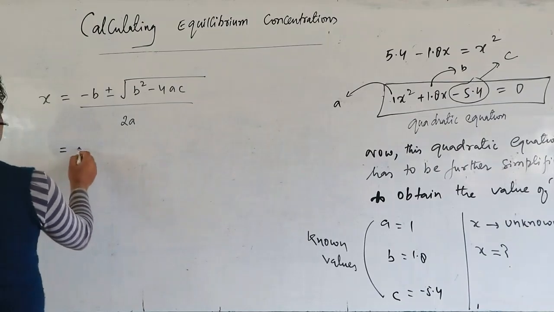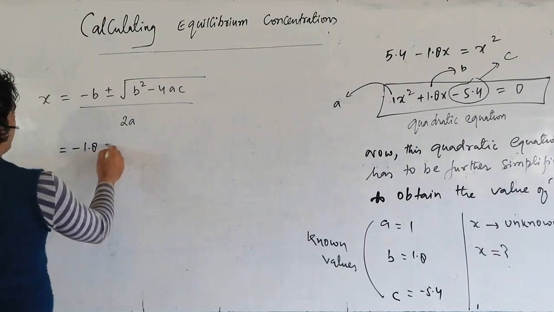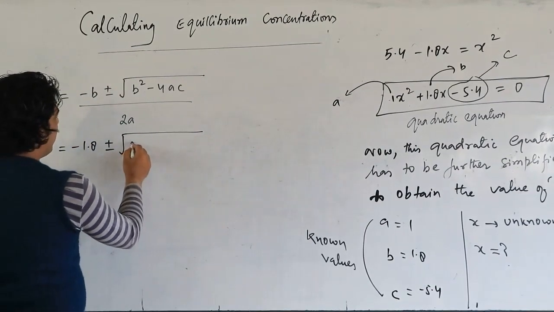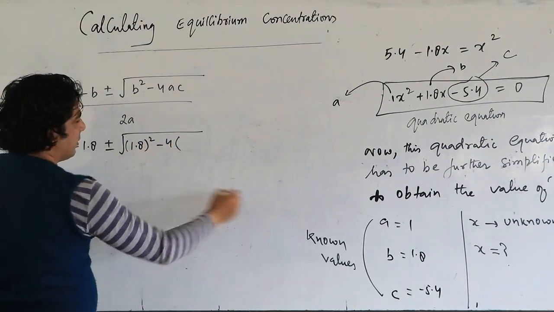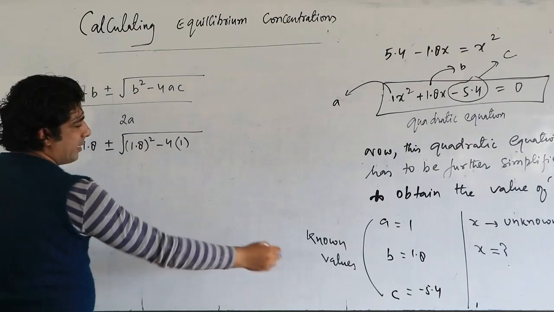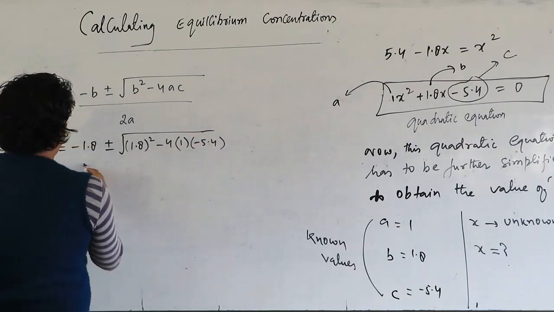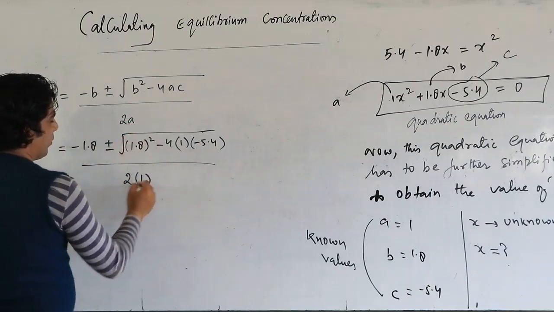Here we have minus b. What is b? 1.8, so it's minus 1.8 plus or minus square root of b square, that's 1.8 square, minus 4 into a. What is a? A is equal to 1. What is c? C is minus 5.4, divided by 2a. So 2a is how much? 1. So a is 1.